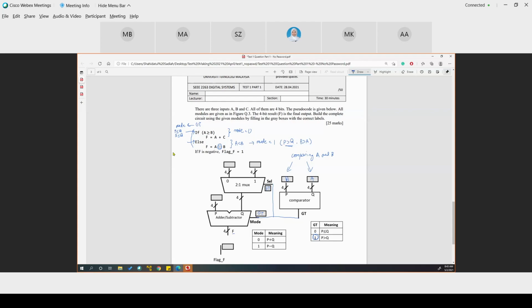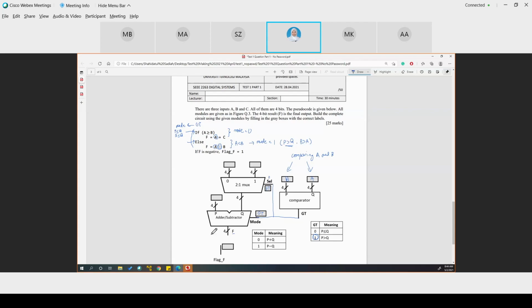If the GT is 0, here we want to add A, and if GT is 1, subtract A and B. Okay, so A is always in the equation, and B and C, and B is the selection.